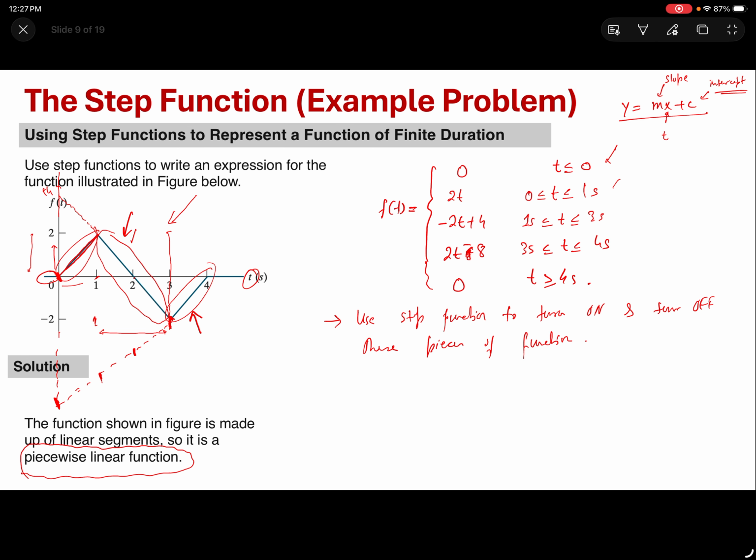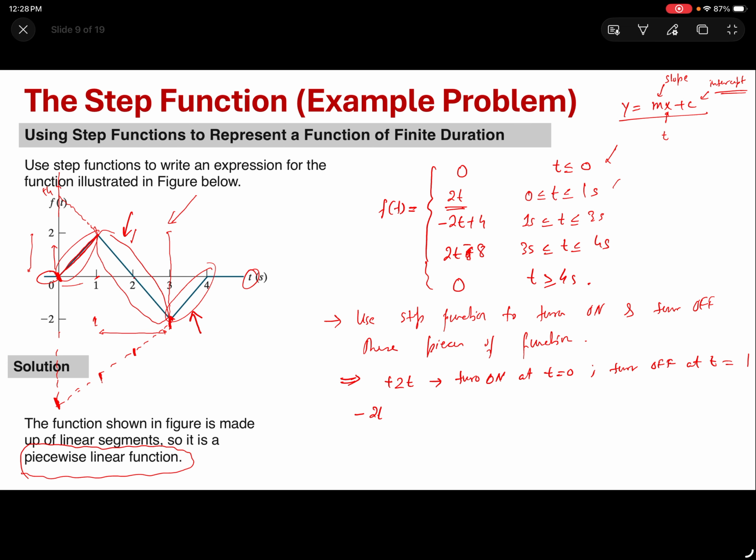So for example, this 2t, I can turn on at time t is equal to 0 and turn off at time t is equal to 1.